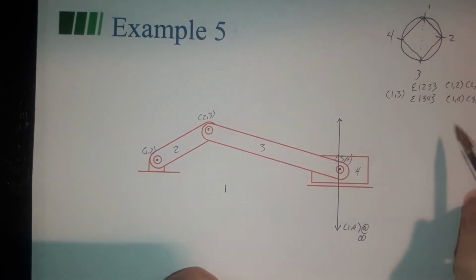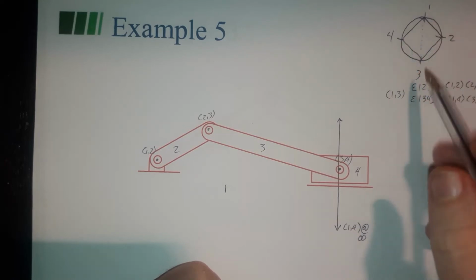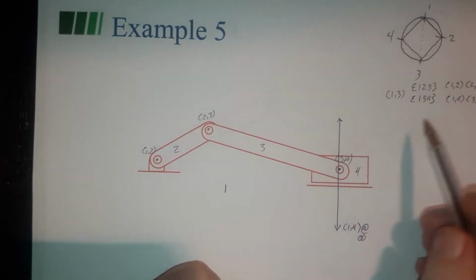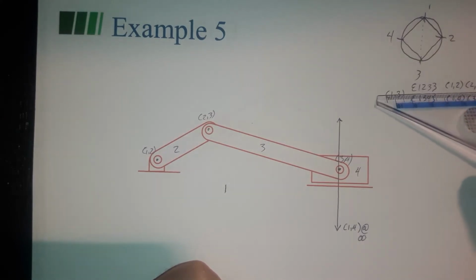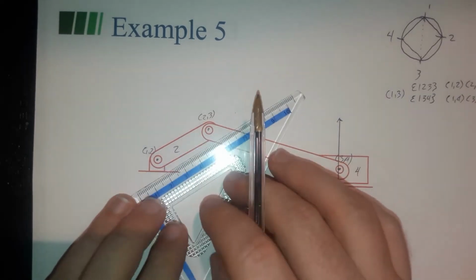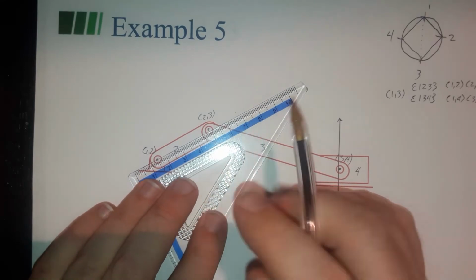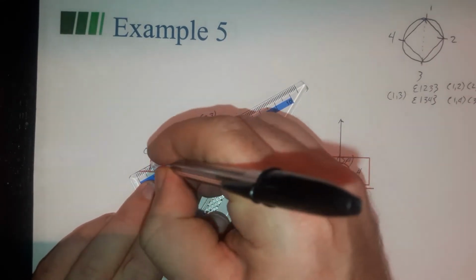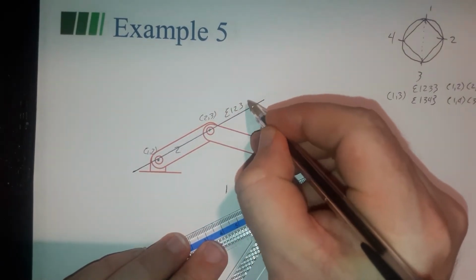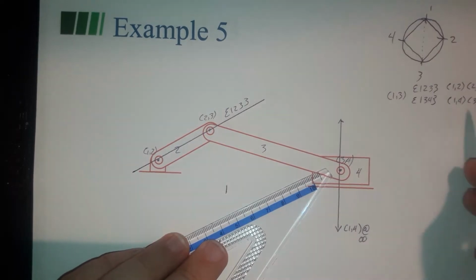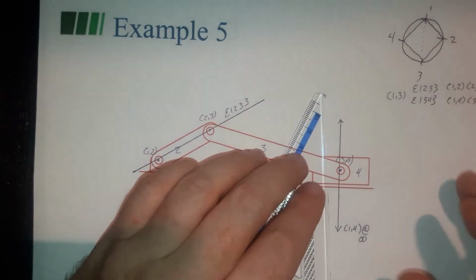So once again, we write down our plan looking at the circle diagram going from left to right, and then we work the plan going from right to left. This line says I'm going to connect the dots between 1, 2 and 2, 3, and that will give me my instant center line 1, 2, 3. Then for this next one, I have 1, 4 and 3, 4. 1, 4 is along this line, and 3, 4 is right there.